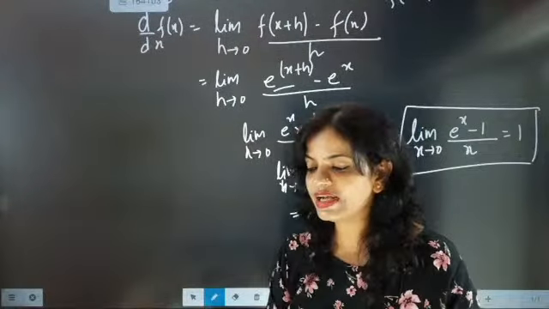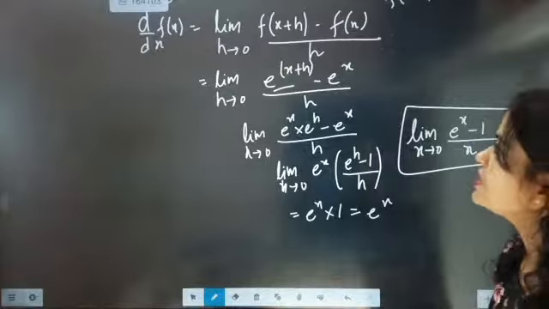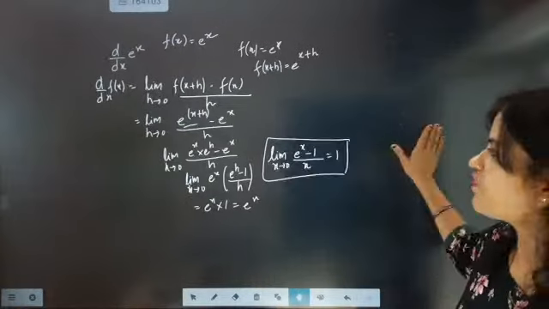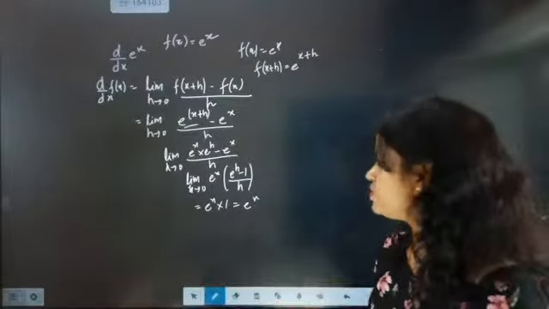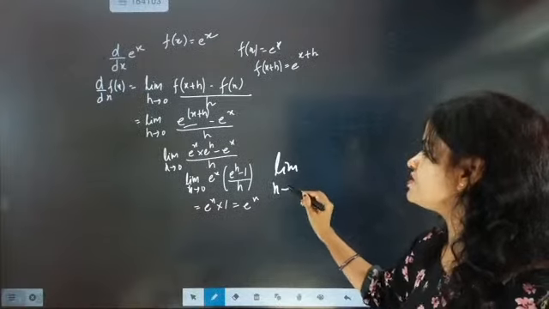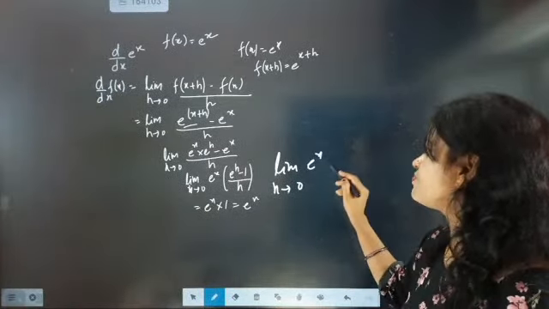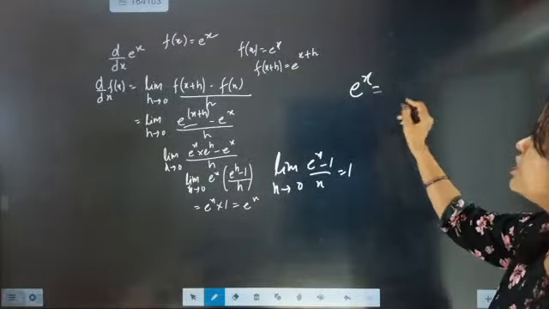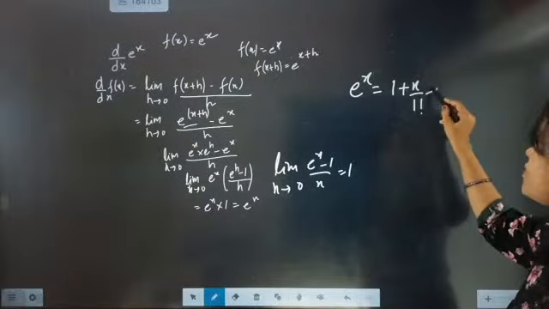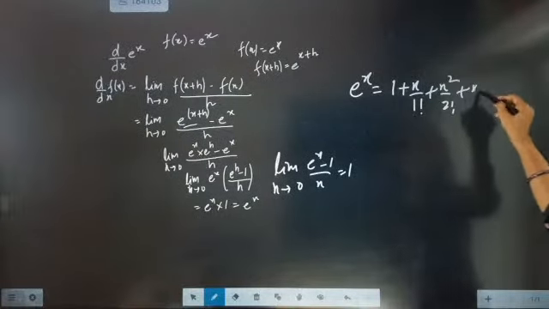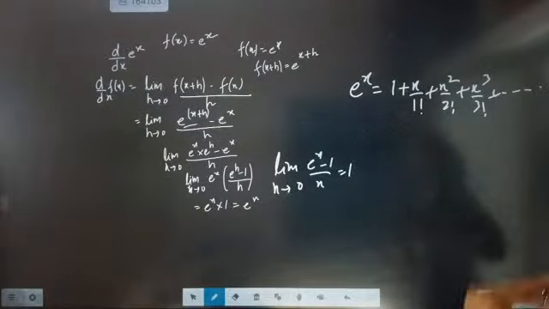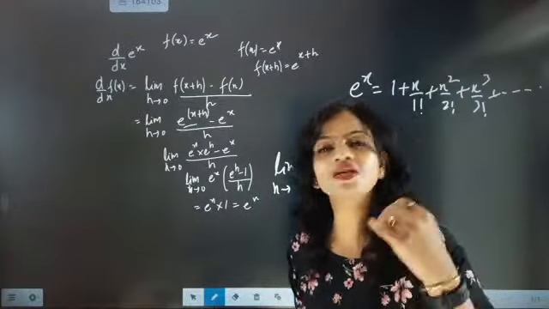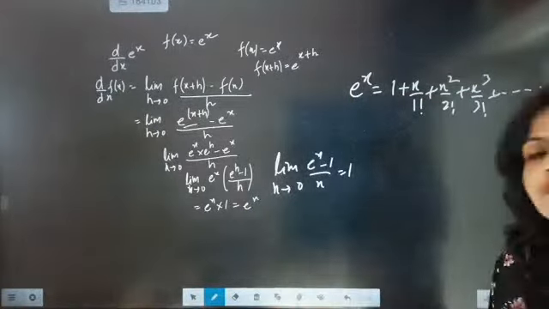Okay. So one more, indirect application is there, that is using the exponential formula. Apart from the formula I directly used, limit h tends to 0, e to the power x minus 1 by x equal to 1, one more formula of exponential is there: e to the power x is 1 plus x by 1 factorial plus x square by 2 factorial plus x cube by 3 factorial, and so on. If we do not use the limit formula, we can substitute this and solve.